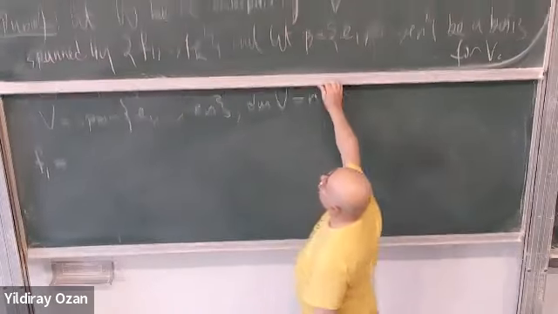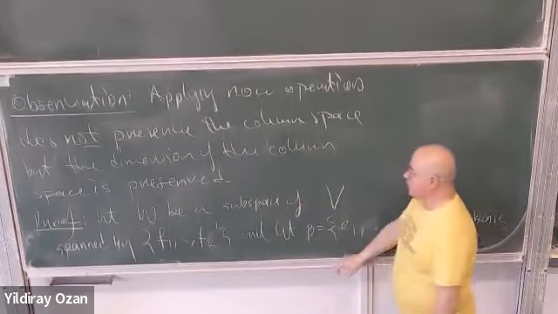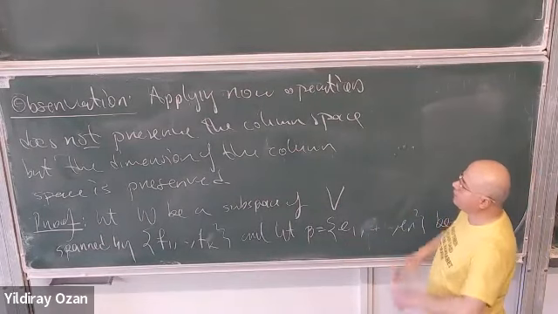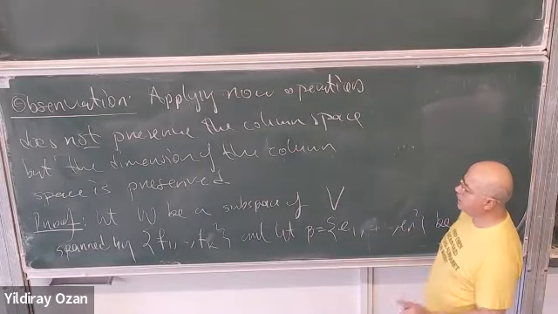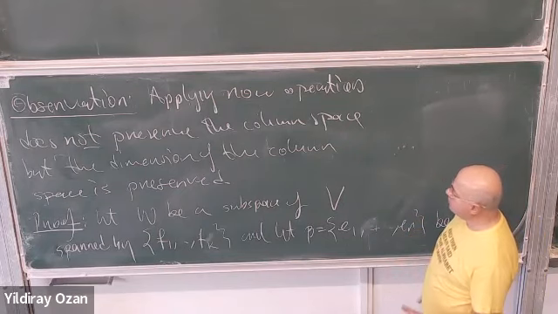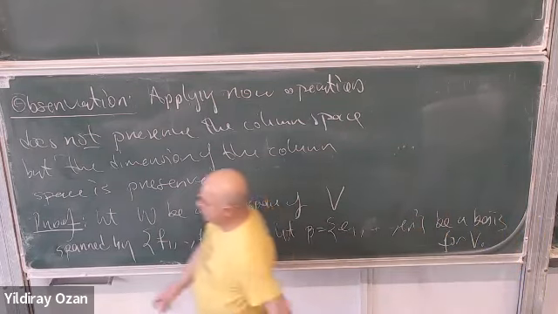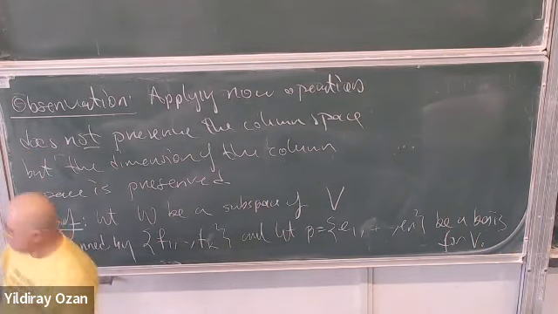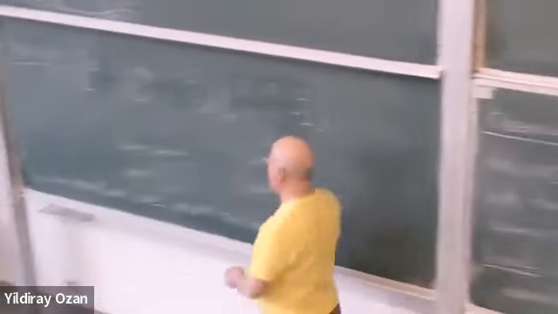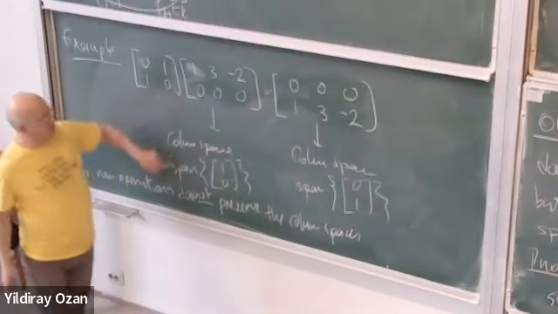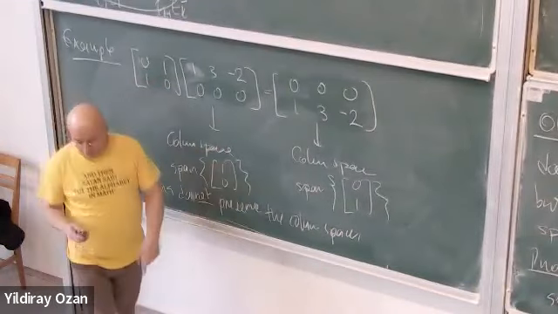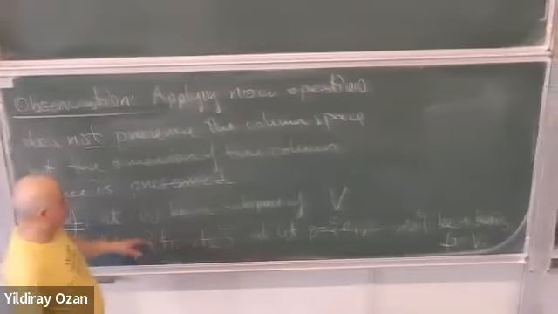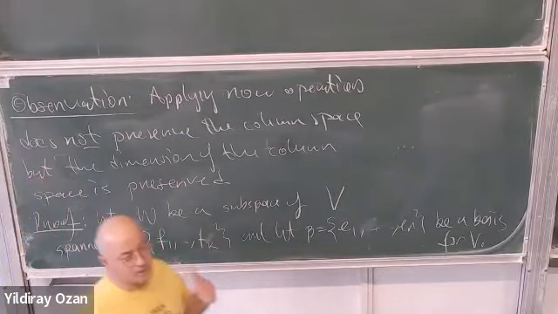Okay, so we are going to prove this observation that applying row operations doesn't preserve the column space, which we showed here in this example, right? We showed that this row operation changes the column space, but we will see that the dimension of the column space doesn't change.